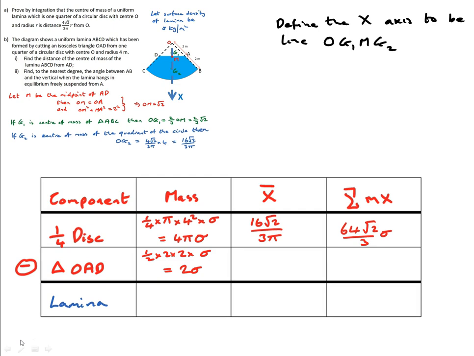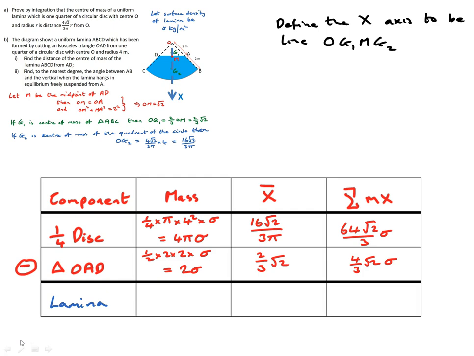So the x-coordinate of the centre of mass of OAD is 2/3 root 2. So the sum of the mx's for the triangle OAD is going to be 2 sigma times 2/3 root 2, which gives me 4/3 root 2 times sigma.